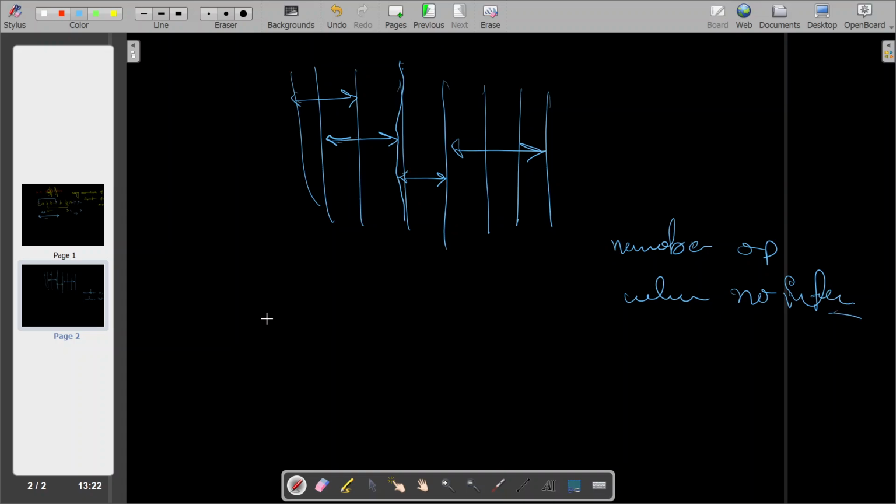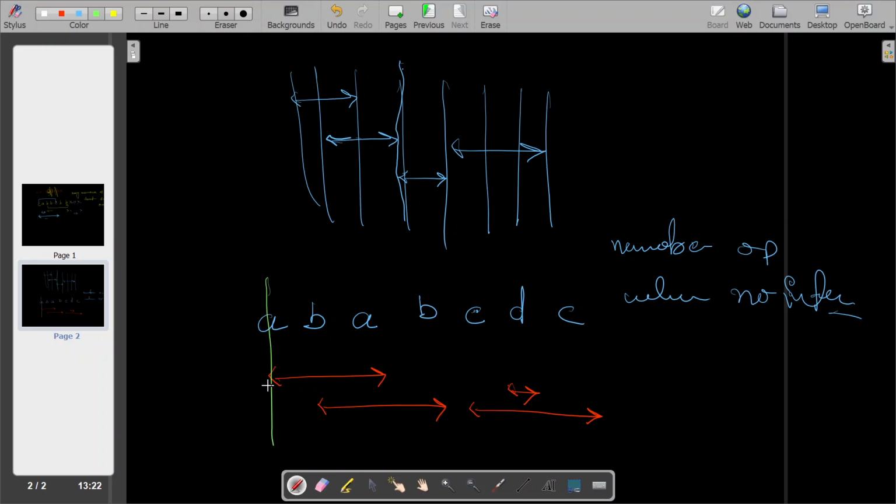Suppose the string is A, B, A, B, and let's write C, D, C. So this will be A to A, this will be B to B, this will be C to C, and this will be D to D. If we start from here, let's take the green flag.